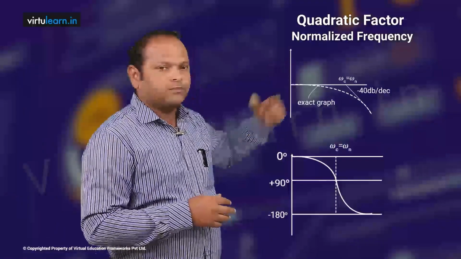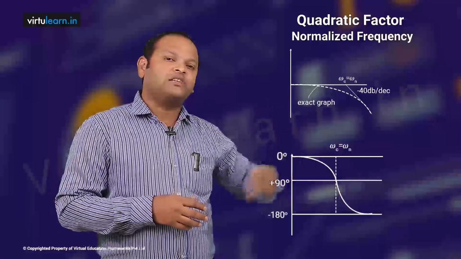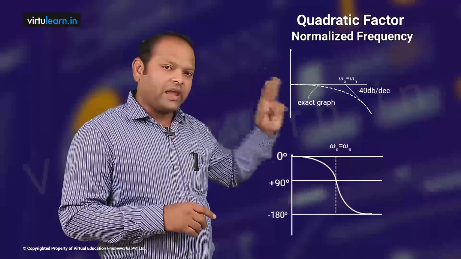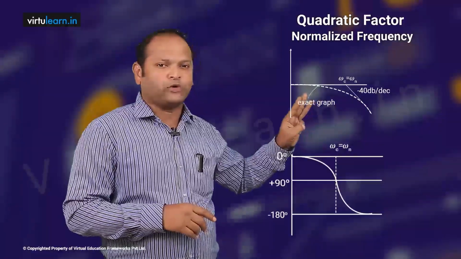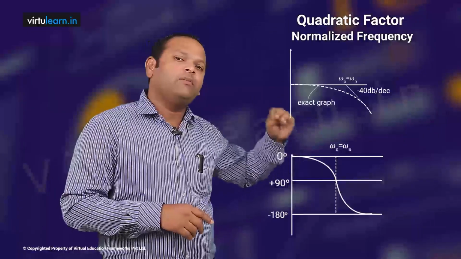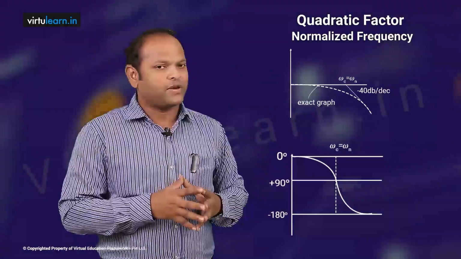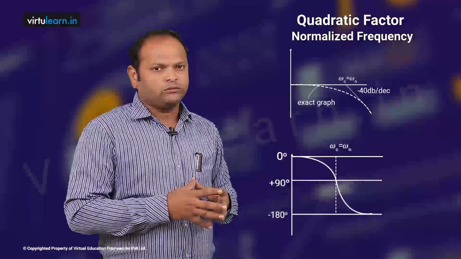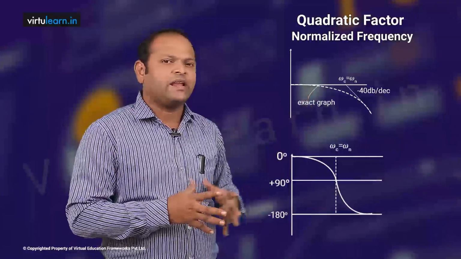Now the first term, there are three possibilities. What are the three possibilities? K, K into s power n, K by s power n. Any one will be there in your transfer function, compulsorily. K can be any constant value: 1, 2, 3.